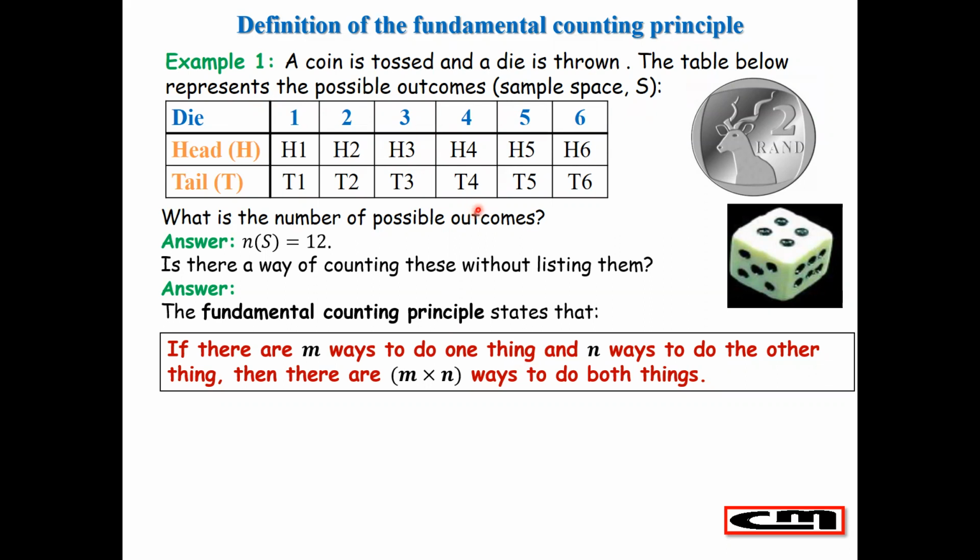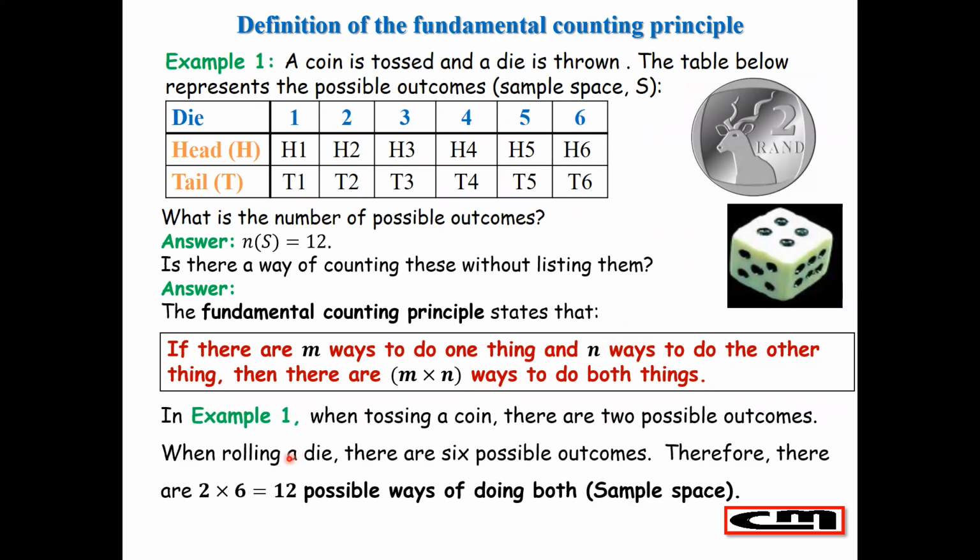So at the end of the day, what is key here is to understand that when you talk of m ways of doing one thing and n ways of doing the other, the ways are like possible outcomes, things that we can expect, right? So in the example, when tossing a coin, there are 2 possible outcomes. Those are the number of ways we can do the throwing of a coin, right?